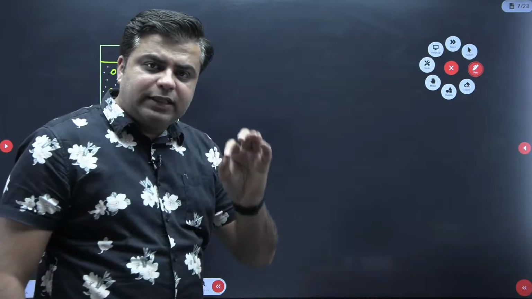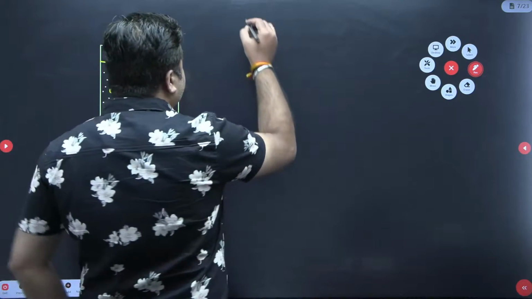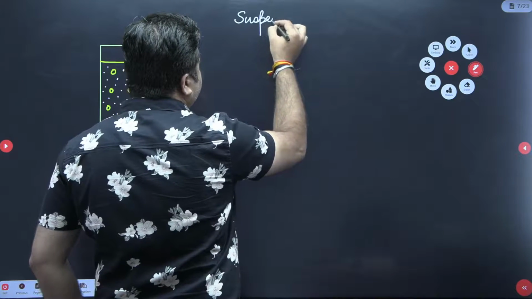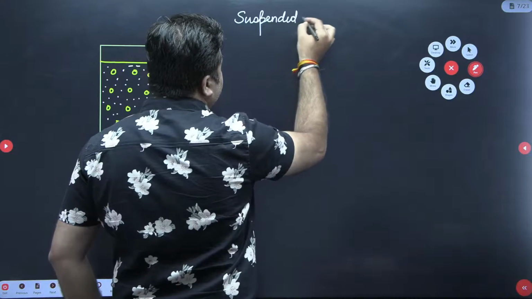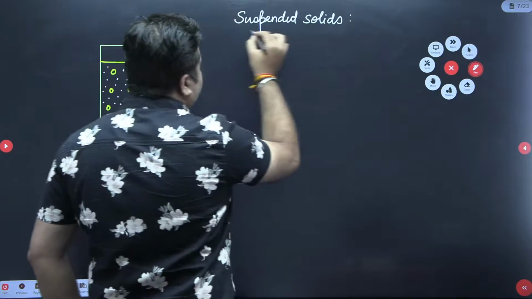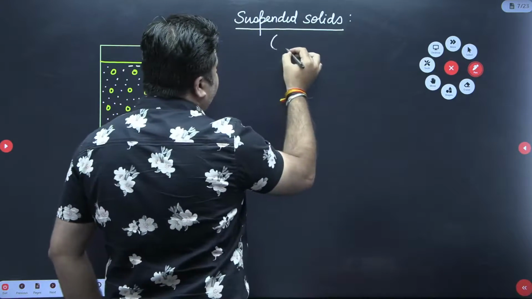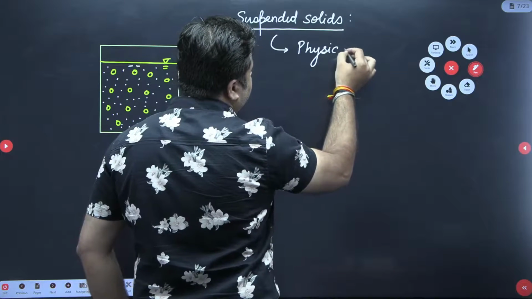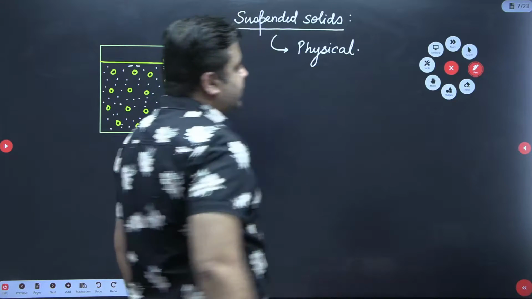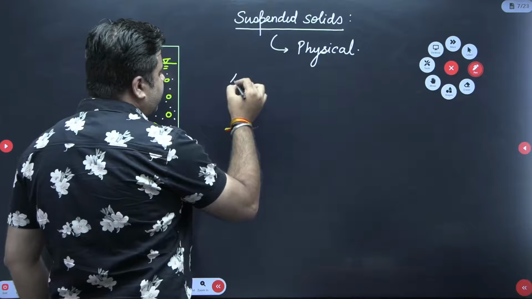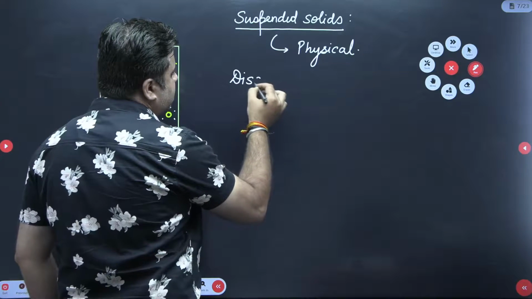So one thing is very clear, that suspended solids are removed by physical methods, and dissolved solids will be removed by chemical methods.